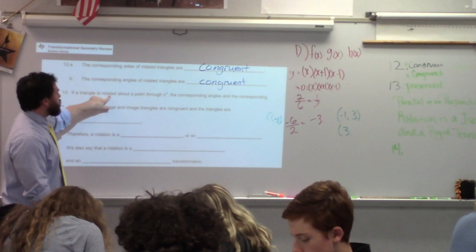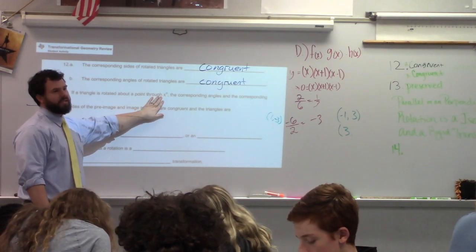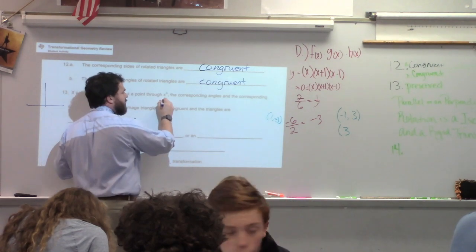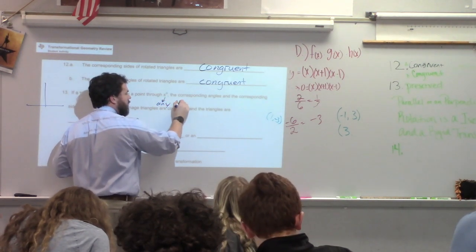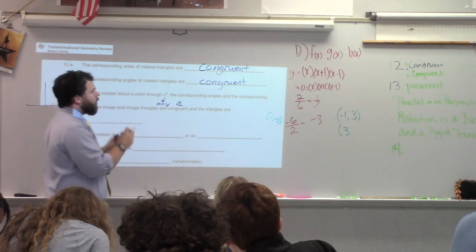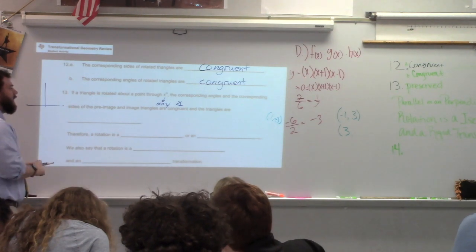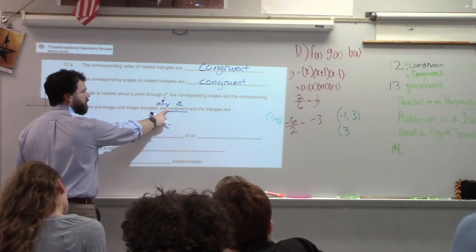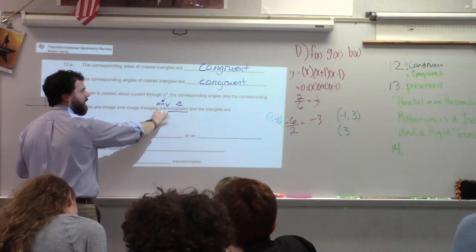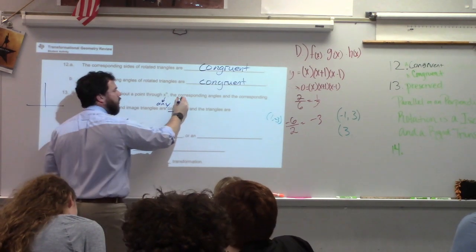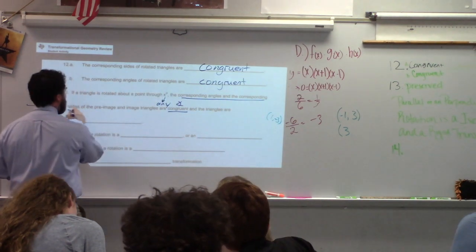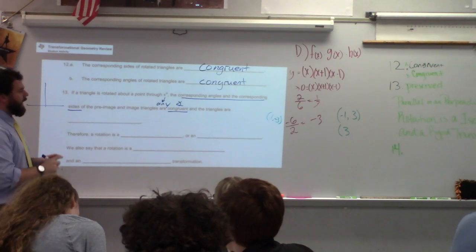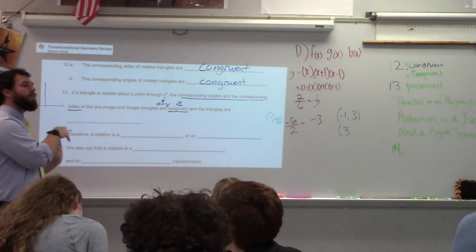So if a triangle is rotated about a point through X degrees, that just means any angle. We're only looking at 90, but this just means any angle. The corresponding angles and the corresponding sides of the pre-image and the image are congruent, so those elements are preserved.